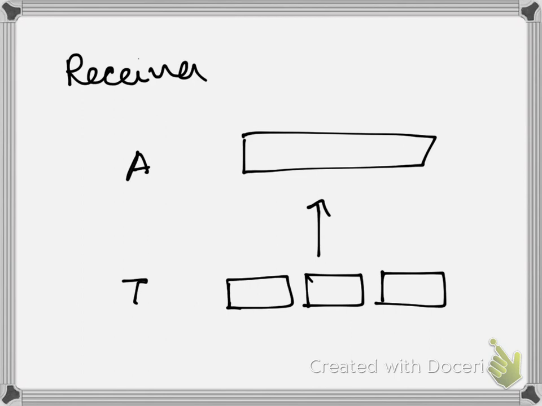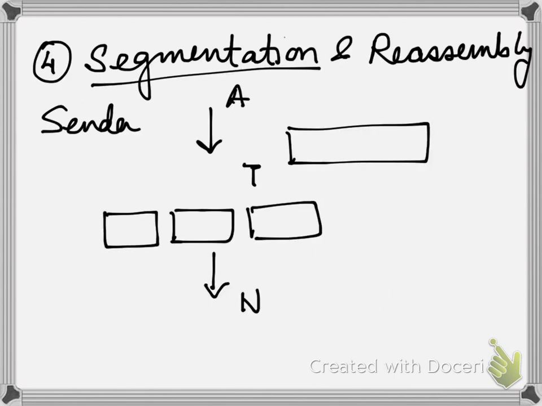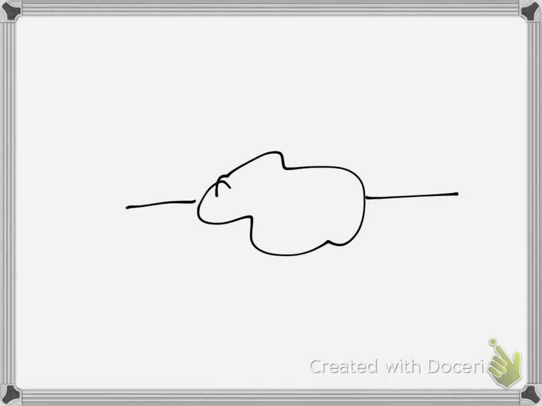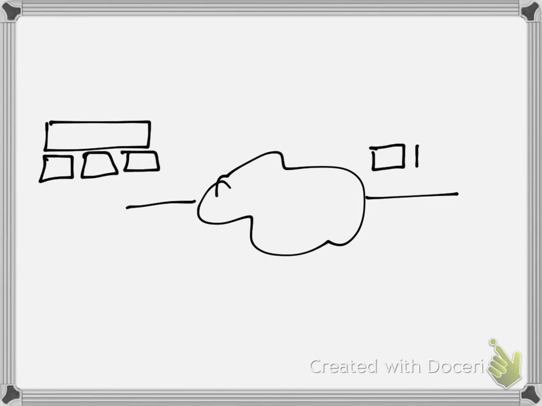At the sender and at the receiver, you have the network, and the network is unreliable, as I said. So for one particular message which was divided into small pieces at the sender, what is received here is again small pieces which have to be reconstructed, that is reassembled.